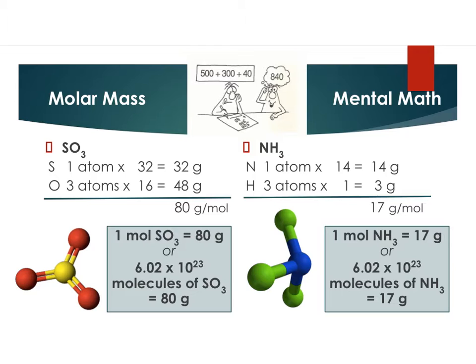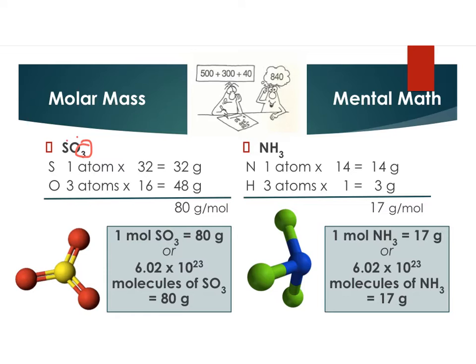So here's a couple of problems just to practice mental math on some molar mass problems. Remember that sulfur, if you have 1 atom, sorry, let me back up. So you're looking for the molar mass of SO3 here. We see that sulfur is 1 in there and oxygen is 3 in there.